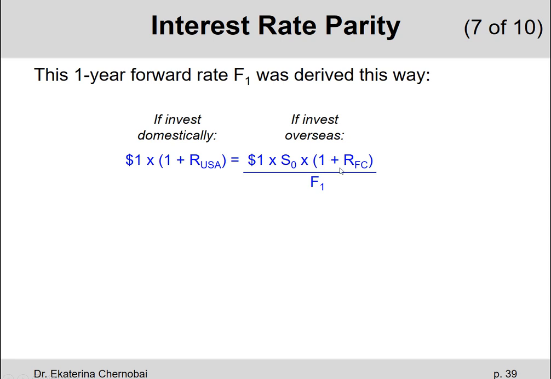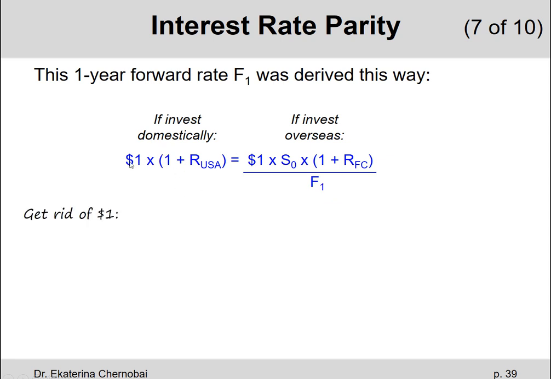So we multiply it by 1 plus the interest rate in the foreign country. And then we divide the whole thing by the 1-year forward rate, F1, to convert that overseas investment back from the foreign currency into the US dollar.